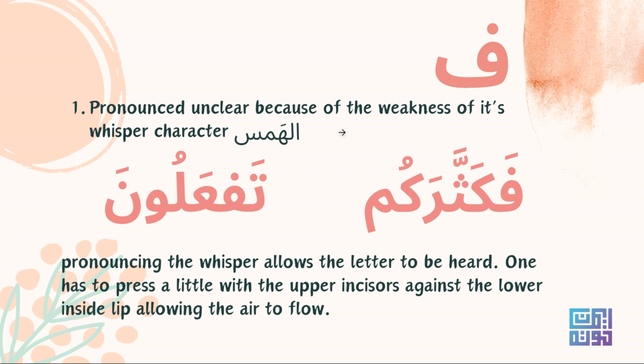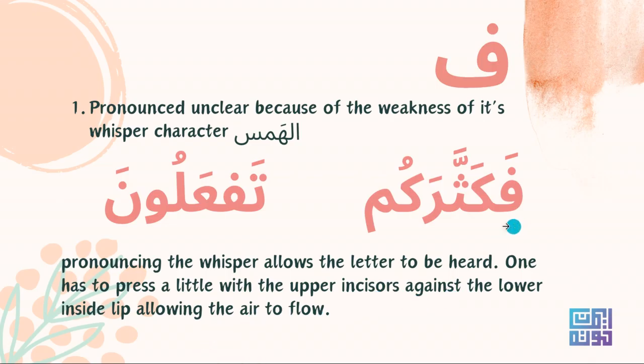It's a weak character. Okay? So, for example, I would like to read this first: pronouncing the whisper allows the letter to be heard. One has to press a little with the upper incisors against the lower inside lip, where this is the makhraj, this is the exit, to allow the air to flow.